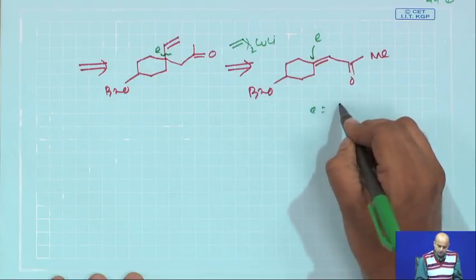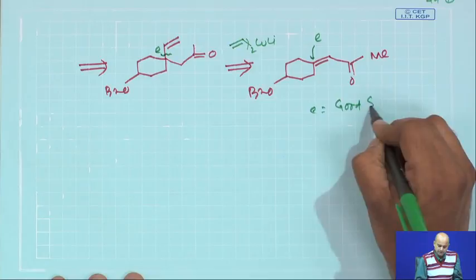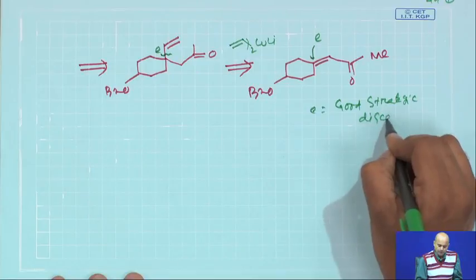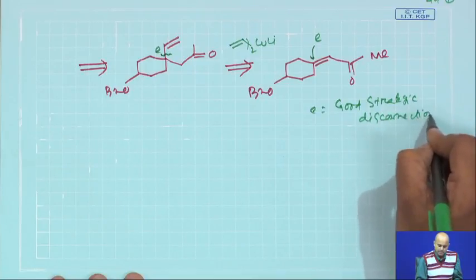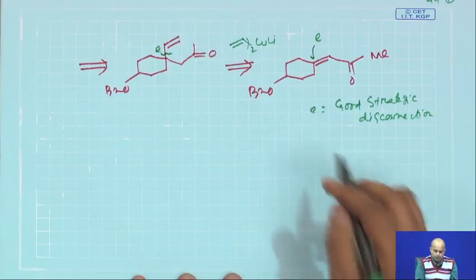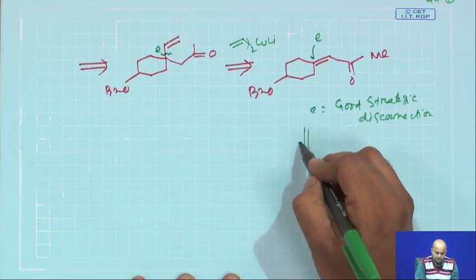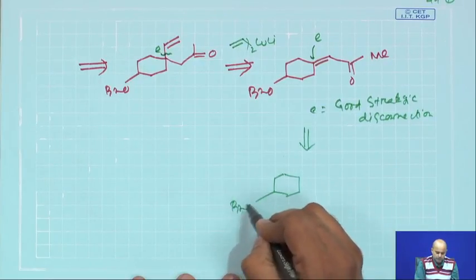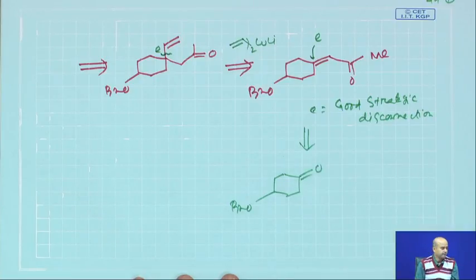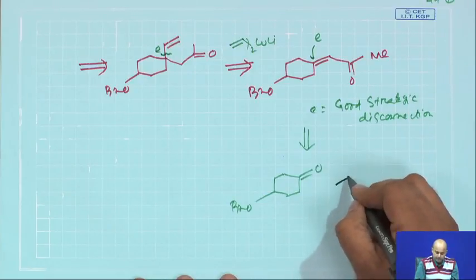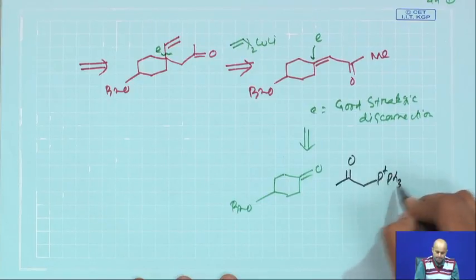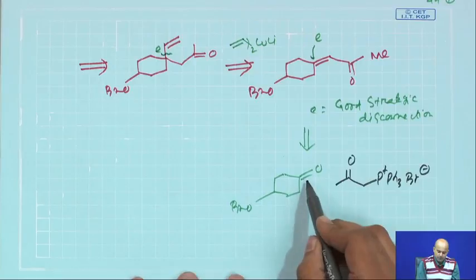So, exo bonds are also good strategic disconnections. We earlier said exo as well as off-exo bonds are good strategic disconnections. So, we are just trying to follow the terminology and now we are simplifying the structure through this, and here you have C double bond O. Now, we are saying that if you can do a Wittig reaction with this, you make this bond.